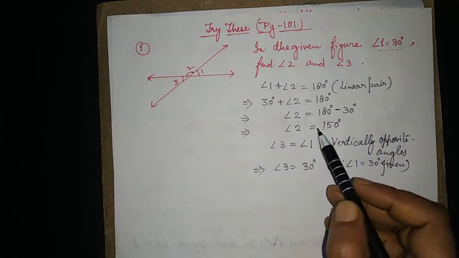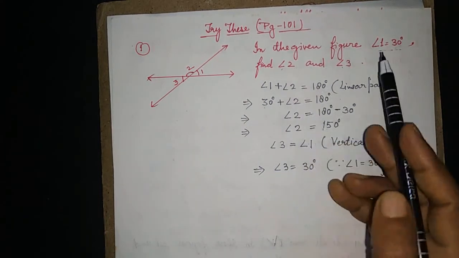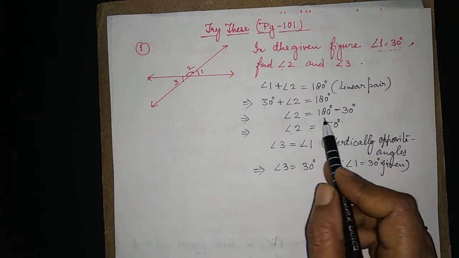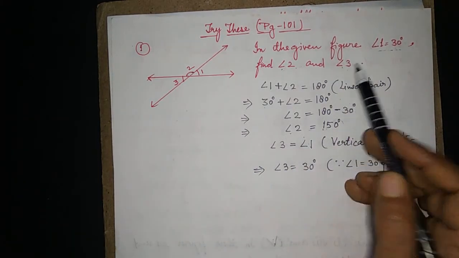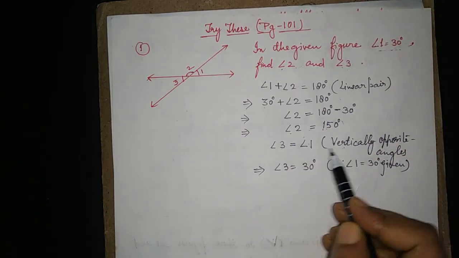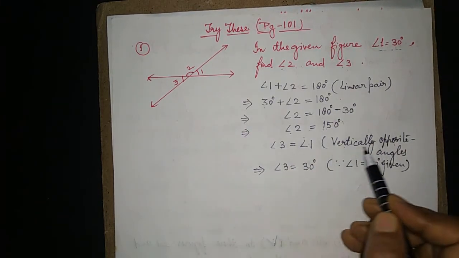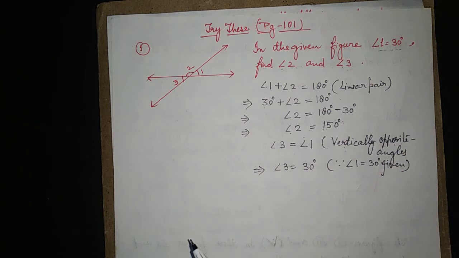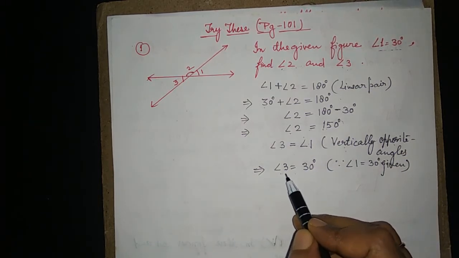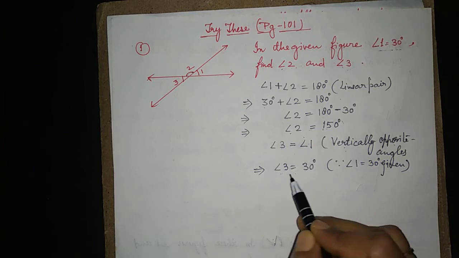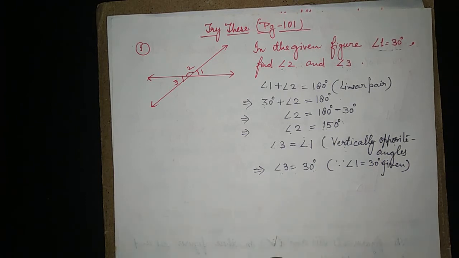So like this you can find the measure of angle 2. Angle 2 is 150 degrees, and for the measure of angle 3 we have written this, and using vertically opposite angles, here we have calculated angle 3, and the measure of angle 3 is 30 degrees.